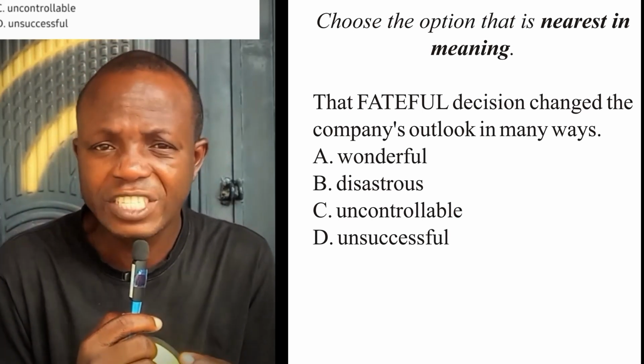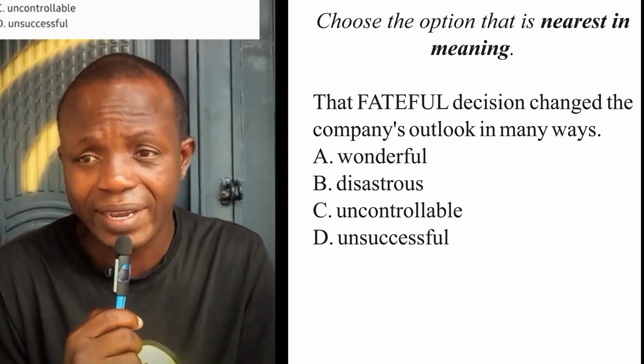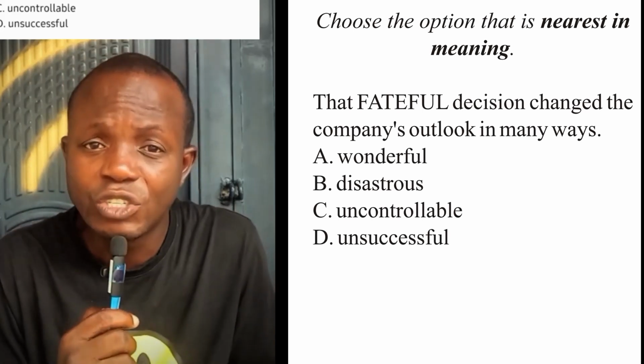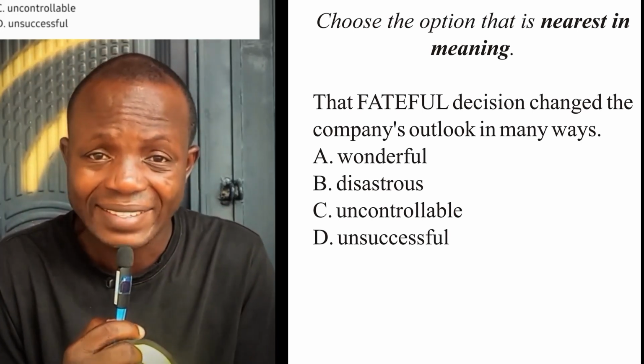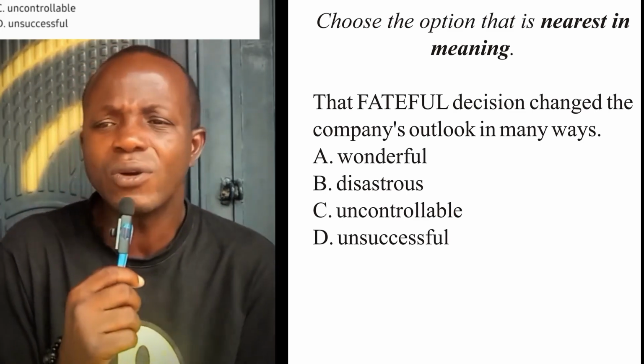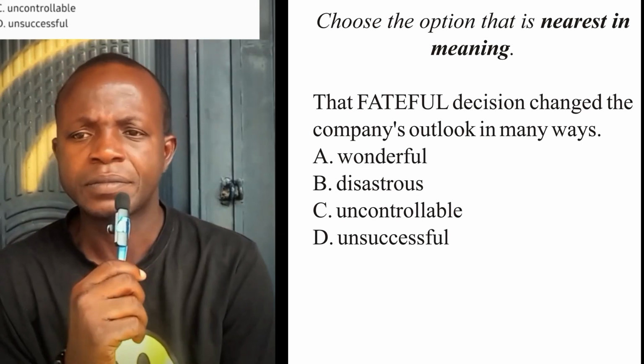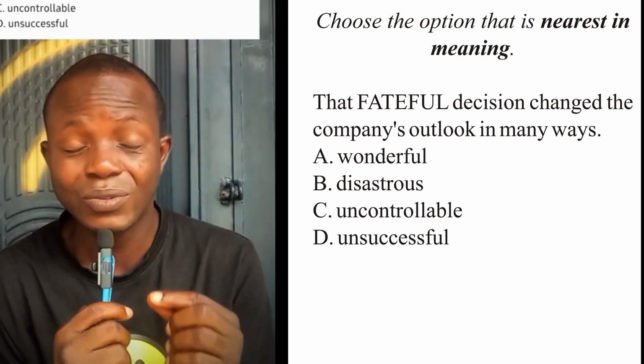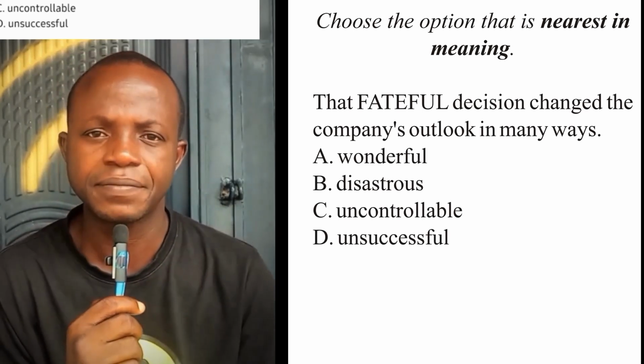The word fateful, F-A-T-E-F-U-L, is an adjective, and it is used to describe an event, a decision, or a moment that has significant consequences on the future. Usually, these consequences are negative.